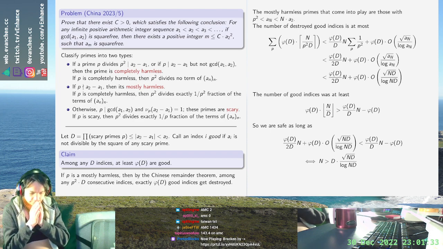If p is less than square root n, oh, I need to do that, really?